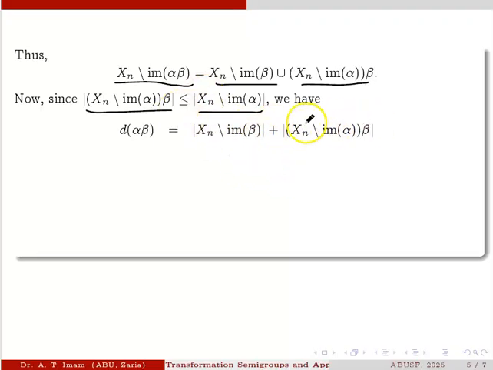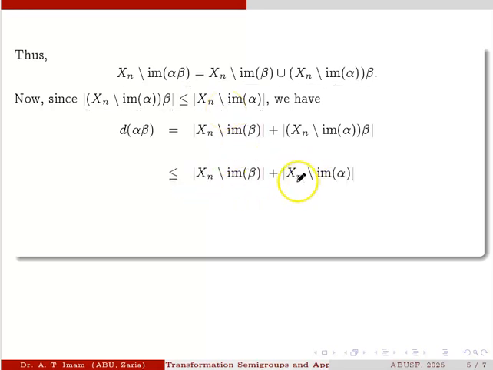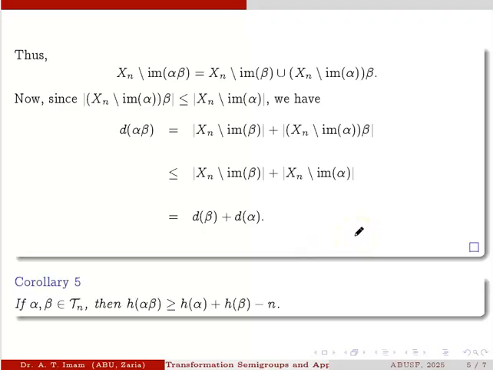But then this part is less than or equal to Xn minus mα, the size of that. So this is exactly what we call the defect of α, and this is the defect of β. And so therefore, we have the defect of the product to be less or equal to the defect of the sum. So this is establishing the lemma.